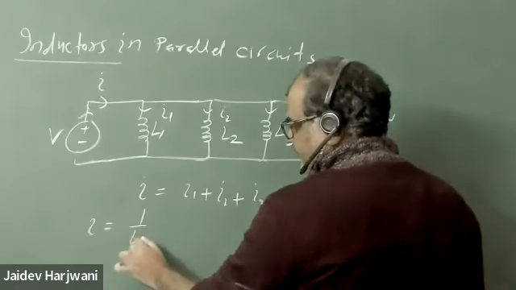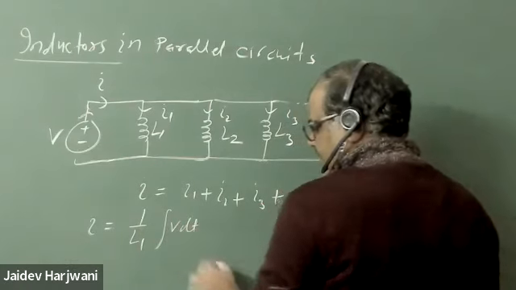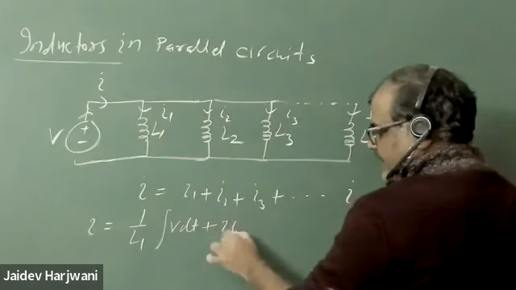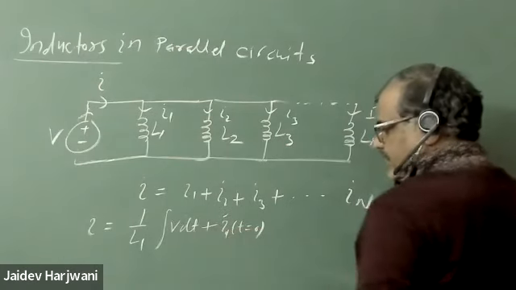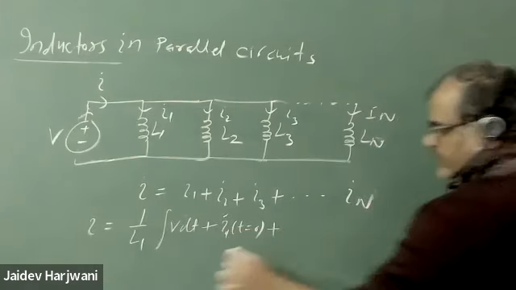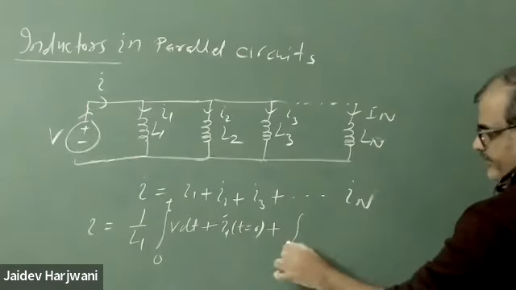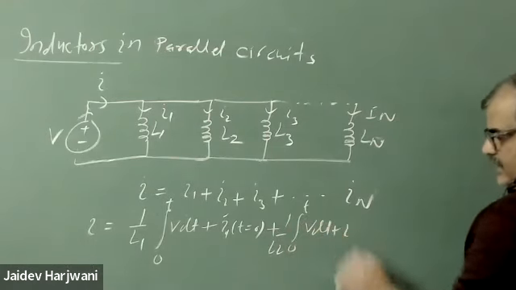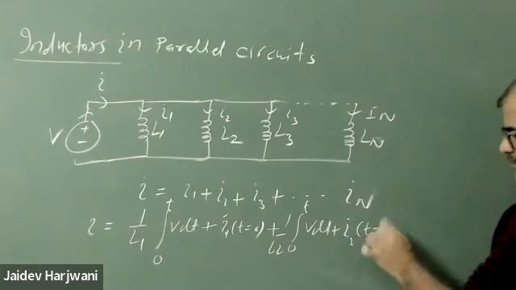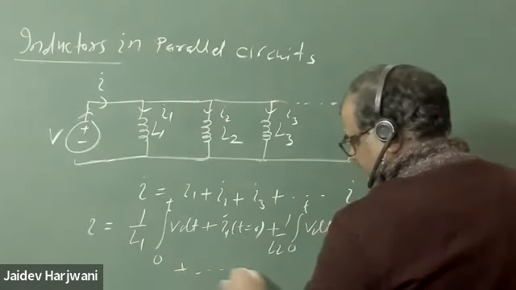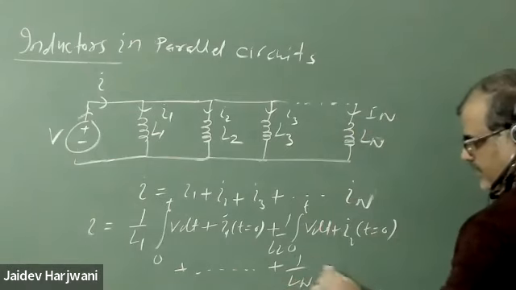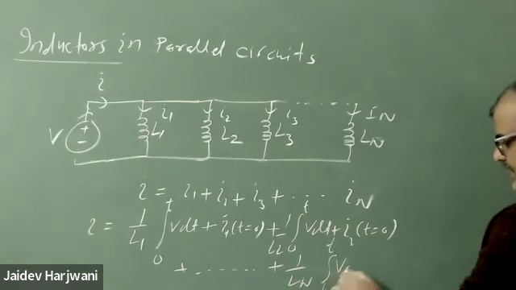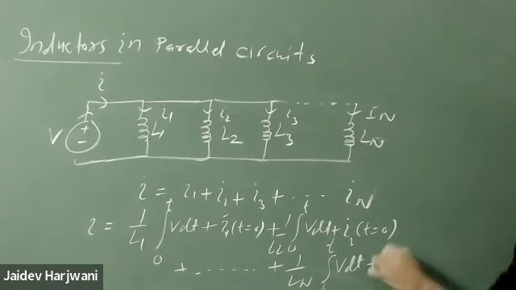So I1 will be what? 1 upon L1, integral of V dt, plus I1 at t equals 0. Similarly, this will be 1 upon L2, integral from 0 to t of V dt, plus I2 at t equals 0. And so on, 1 upon Ln, integral from 0 to t of V dt, plus In at t equals 0.